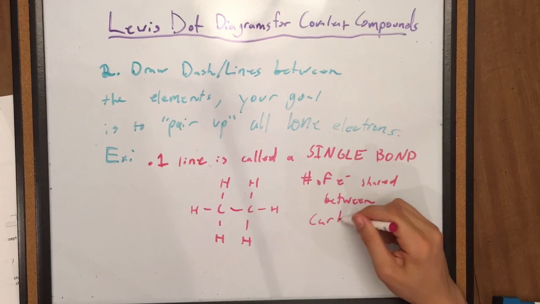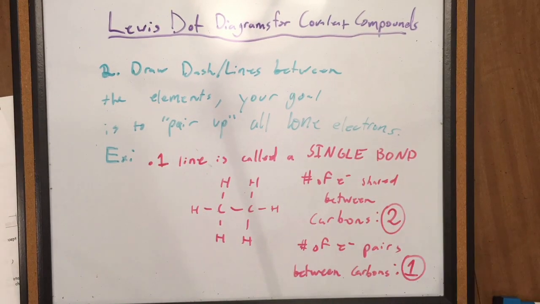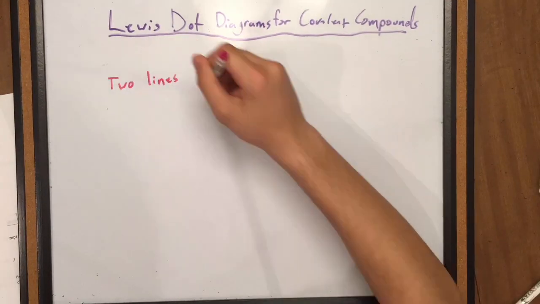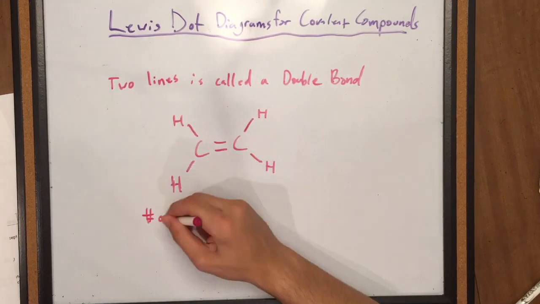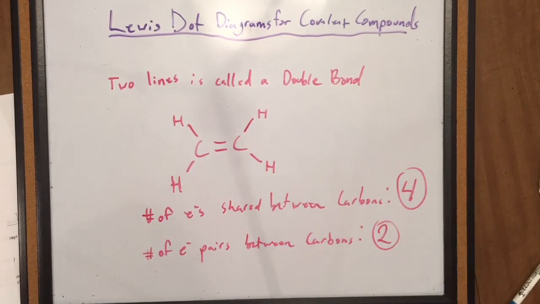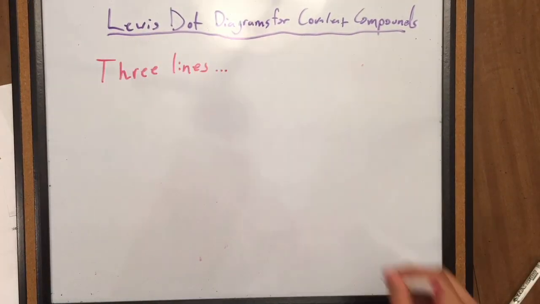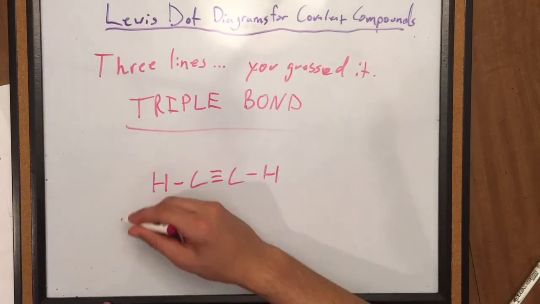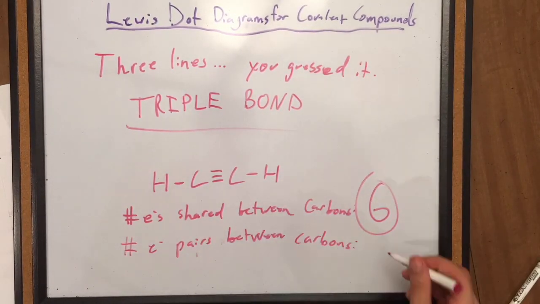A single bond is made up of one pair of electrons. A double bond is made up of two pairs of electrons. And three pairs of electrons, you guessed it, triple bonds.